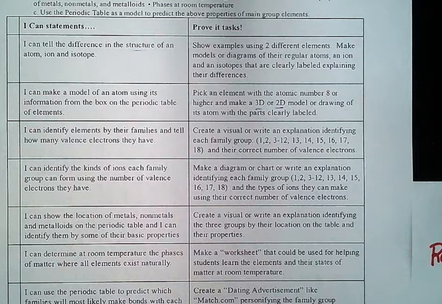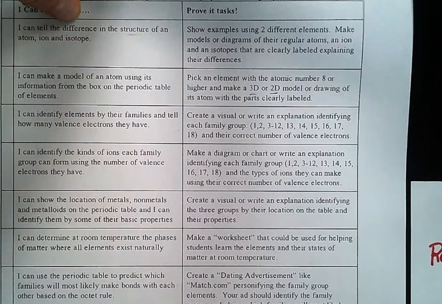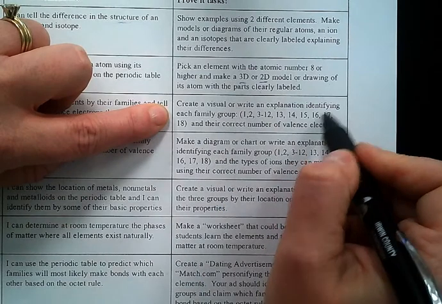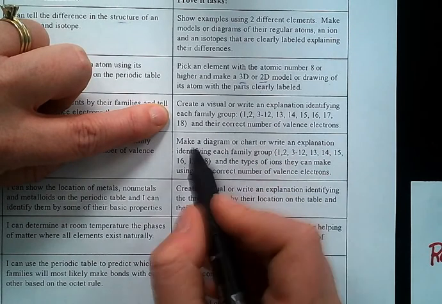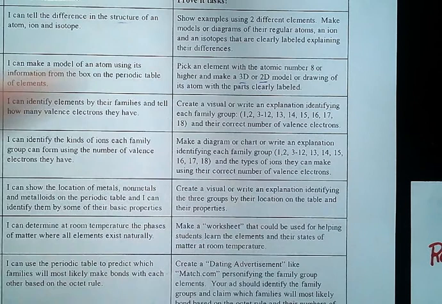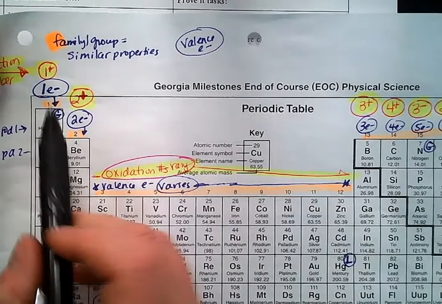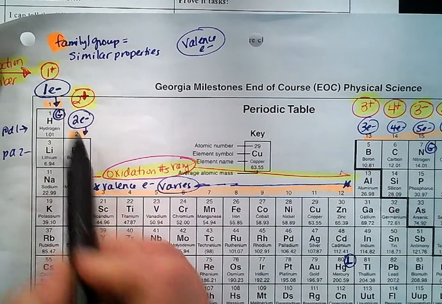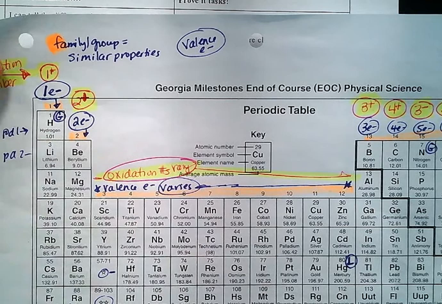The next one, it says create a visual. So I'm on number 3, create a visual to write an explanation identifying each family group and their correct number of valence electrons. So basically, if you look at the periodic table that we labeled in class, you have the number of valence electrons that are already on there. So you may do something like make a chart, make a graph.